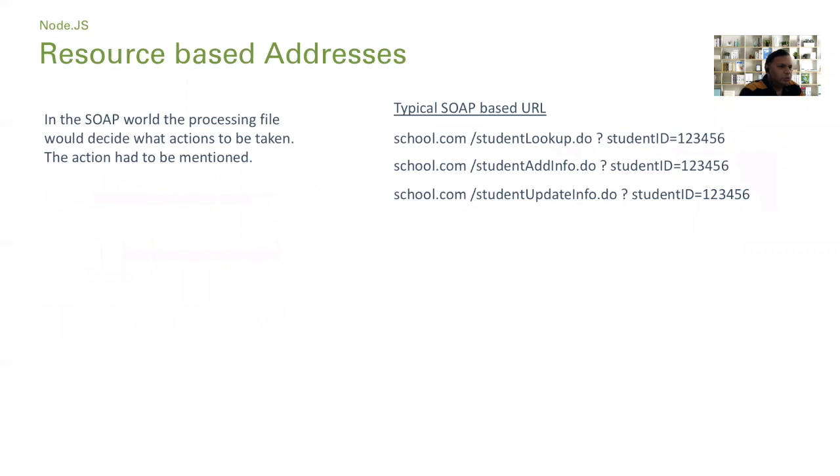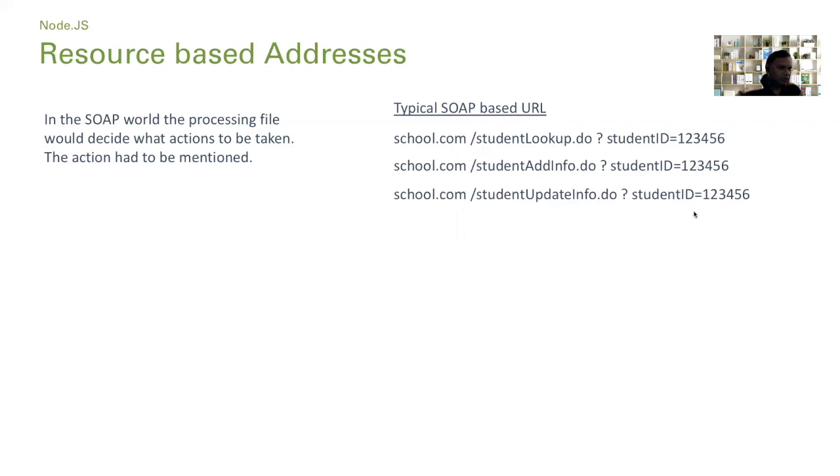Now, in the SOAP world, typically you would have URLs or uniform resource locators like this. You would have a domain name, you would have the resource, then you would have the method or what needs to be done on the resource, like student lookup, and then the ID of the resource. You would have student add information, student update information, and the ID.